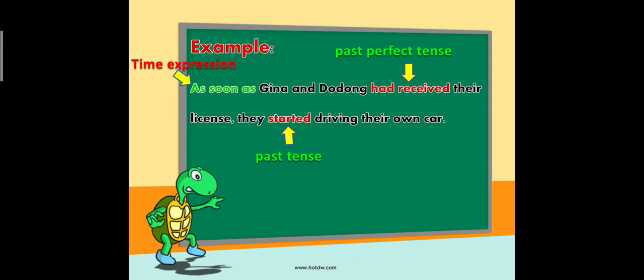Next example: As soon as Gina and Dodong had received their license, they started driving their own car. As soon as is the time expression of the sentence. Had received is the past perfect tense. And started is the simple past tense.